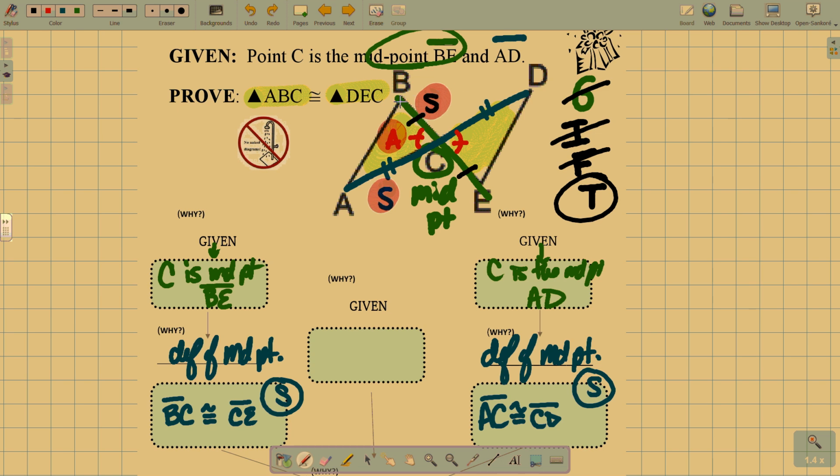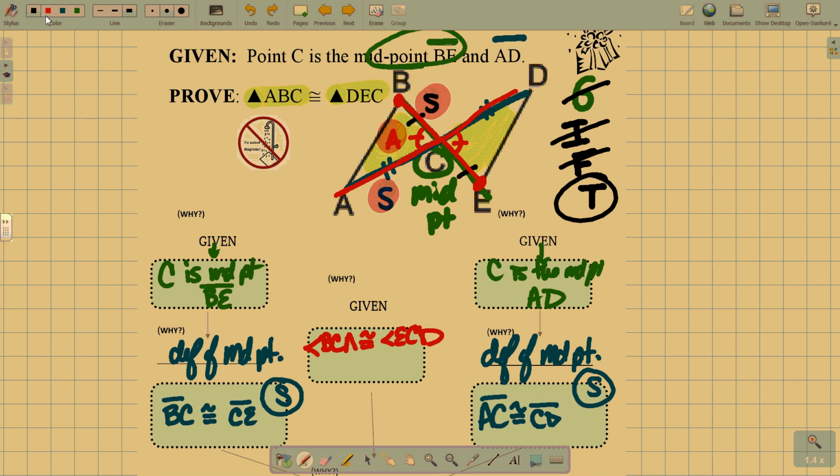So watch, I'm going to go angle BCA, short, middle, long, is congruent to angle, short, middle, long, ECD.